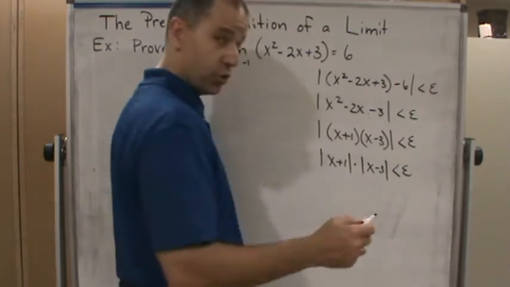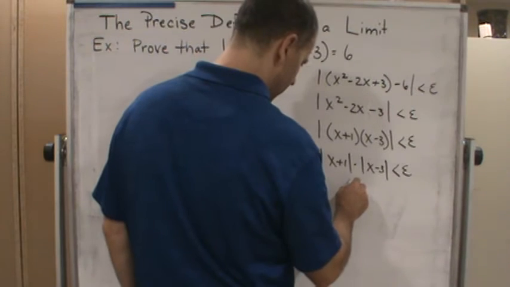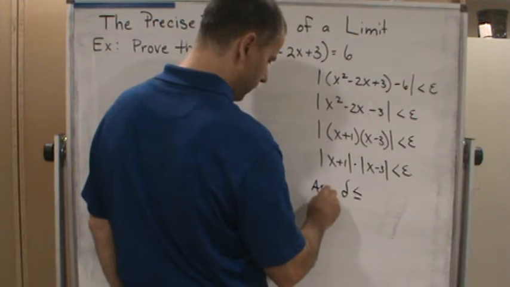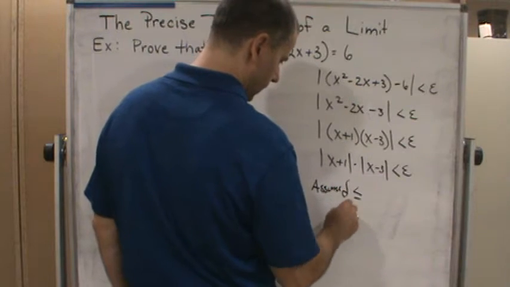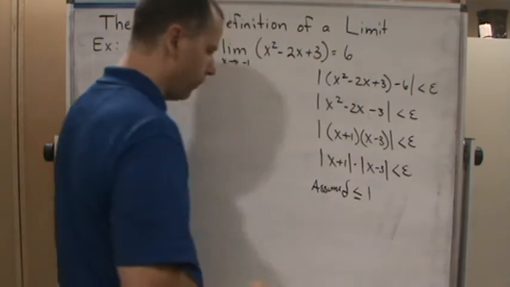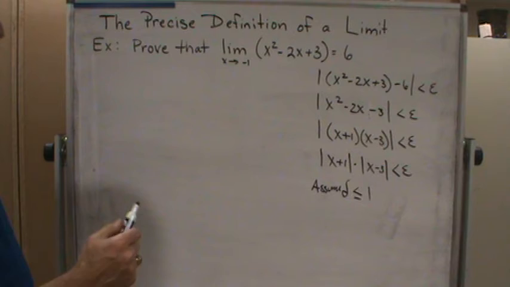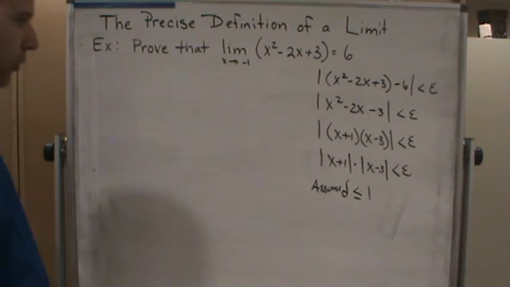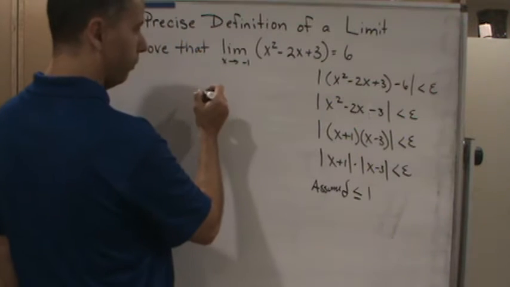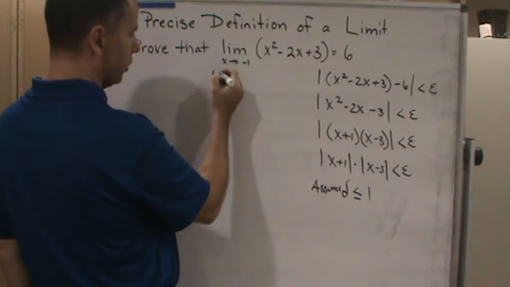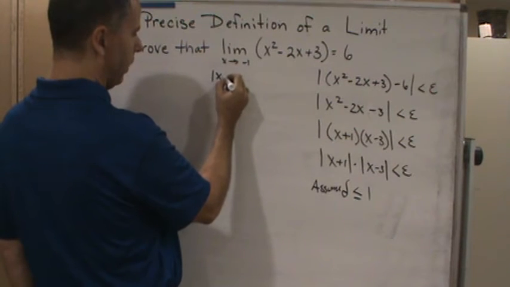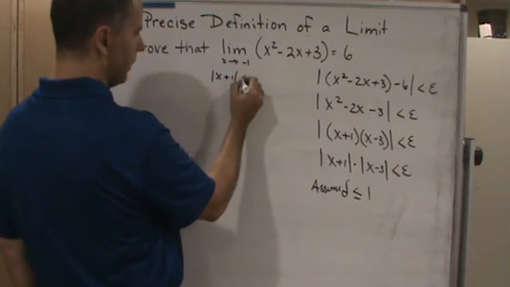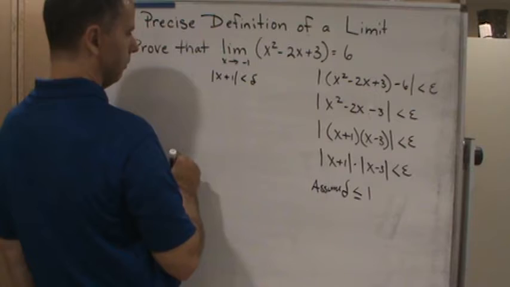So why don't we just choose 1? So let delta, so we're going to assume delta is less than or equal to 1. Now, when we assume that, then we also know that we're looking for the absolute value of x plus 1 to be less than delta, right?